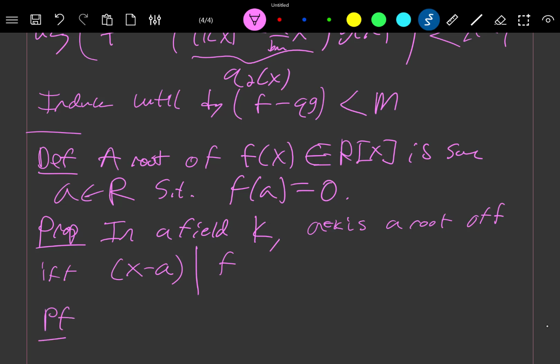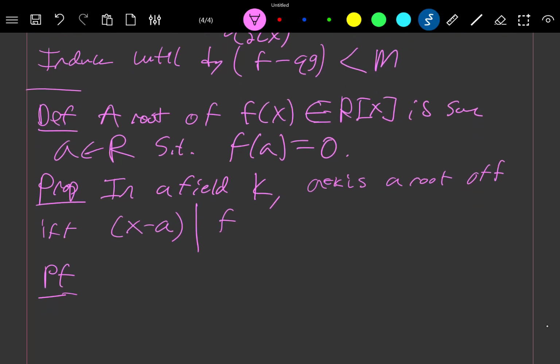A proof of this: we have the forward direction. If we have a root, then let's use the division algorithm.